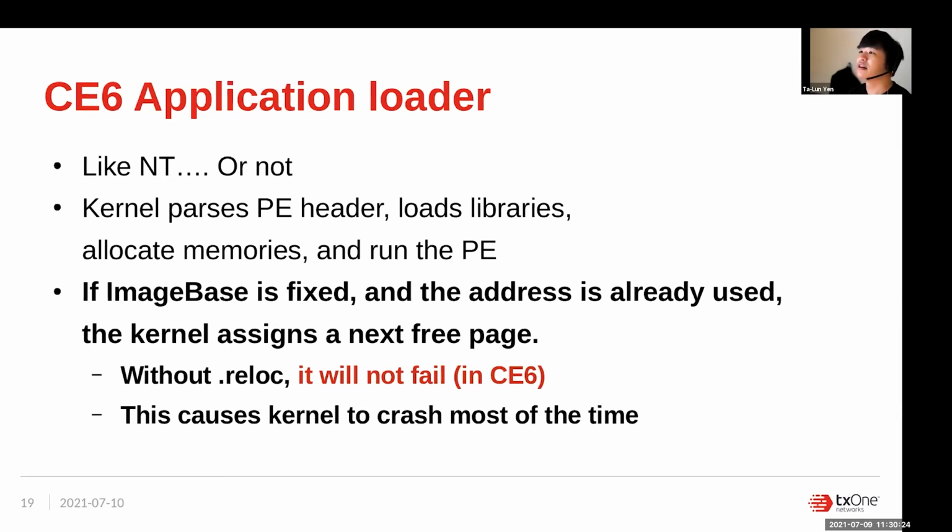In NT, if a PE has its image space fixed, and the address it asks for has been occupied, the kernel should check if the PE does have a relocation directory. And if it doesn't exist, it should not load the PE and should fail. If a directory exists, then the kernel will assign a free address, then do relocation.